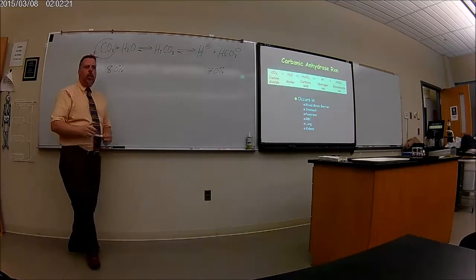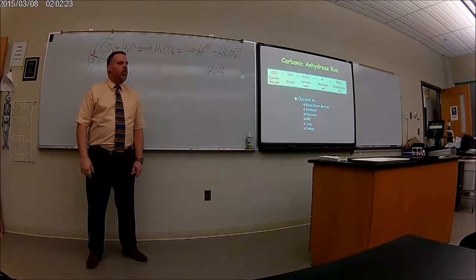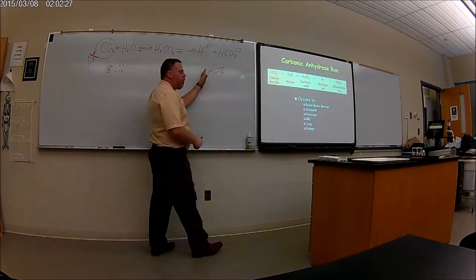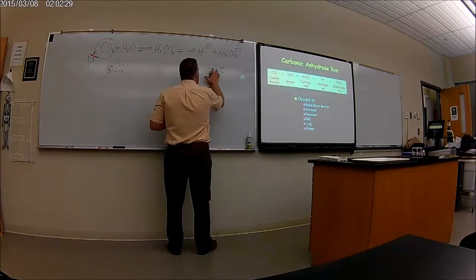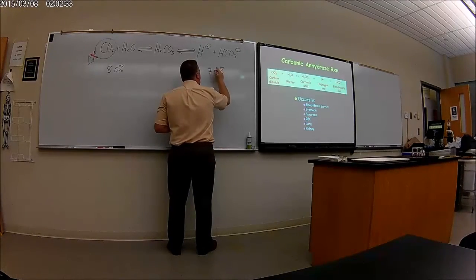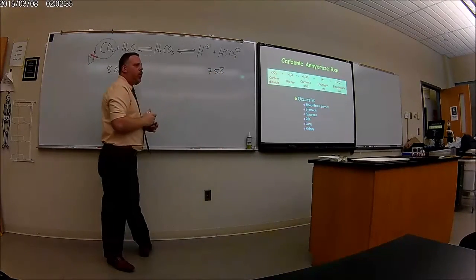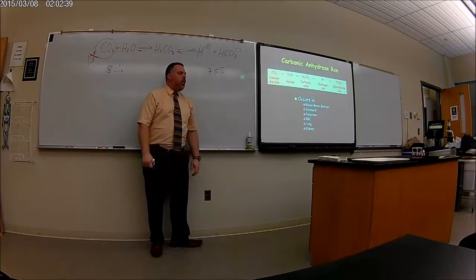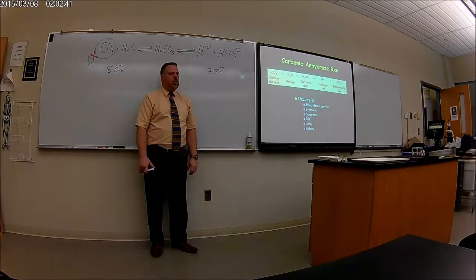Which way does the reaction want to go? To the door or to the window? To the window. The reaction goes this way so that we could try and get this to 75. It won't ever, because this is always going to be occurring. So what happens to the amount of hydrogen in a person's blood now? Does it increase or decrease? Increases.